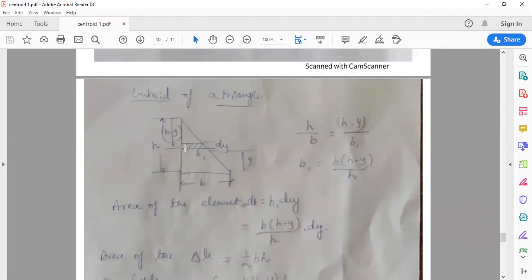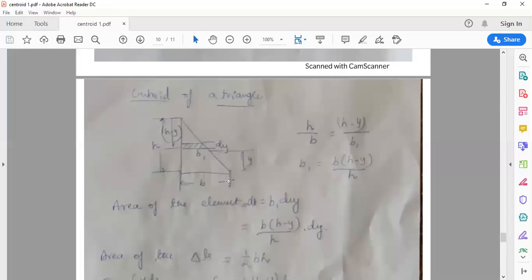Another triangle, the upper triangle above base b1, has height h minus y for base b1. Now I have to write the expression for b1. b1 equals b into (h minus y) divided by h. So I have represented b1 in terms of h and b.